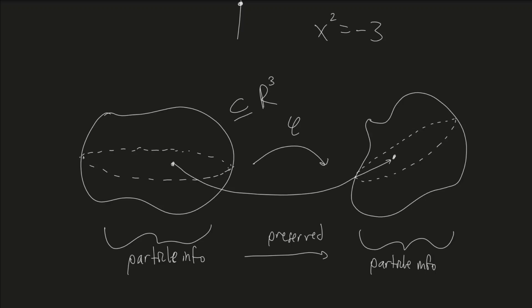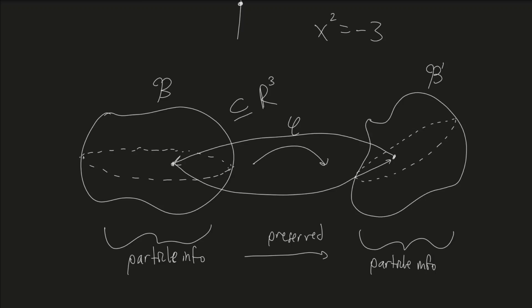And also, if I know where this deformed particle is, so a particle in the deformed body, then I also know where it came from. The idea then is that if you consider all of the particles in the original body, so let me call this B, let me call this B prime.